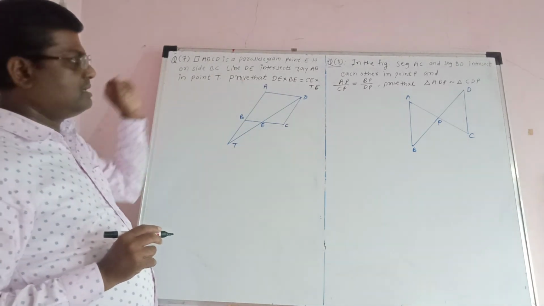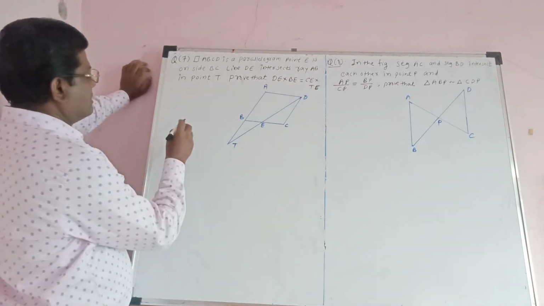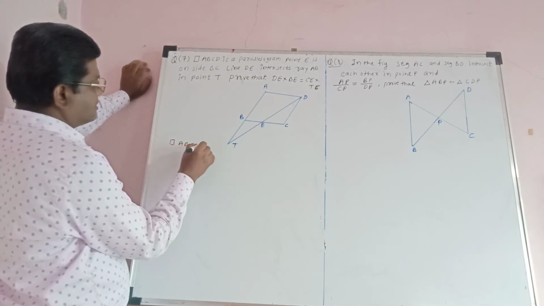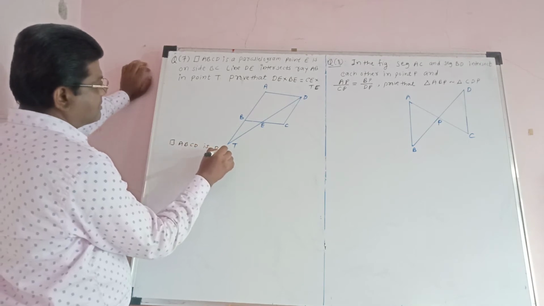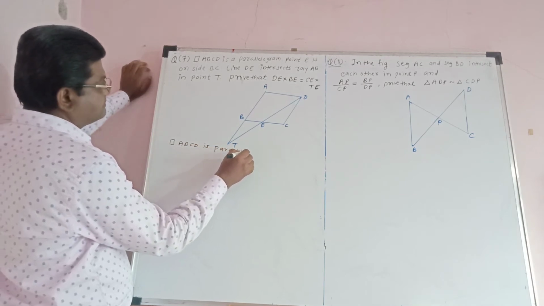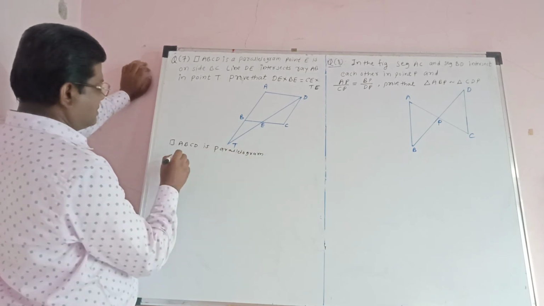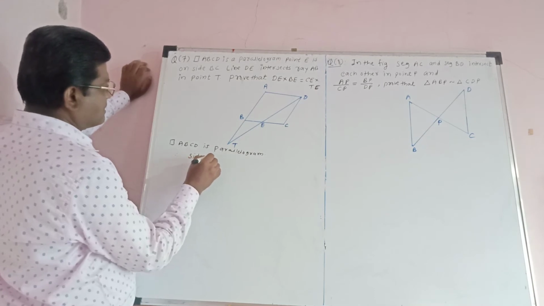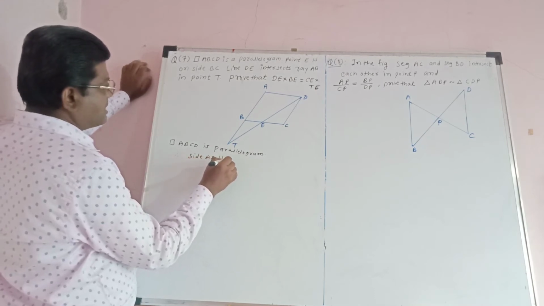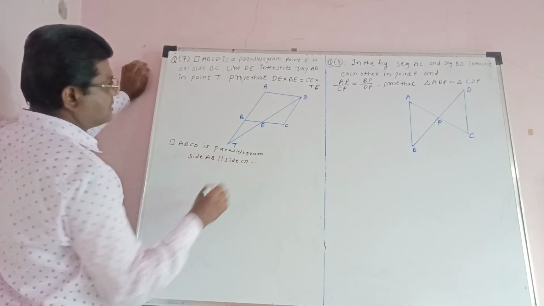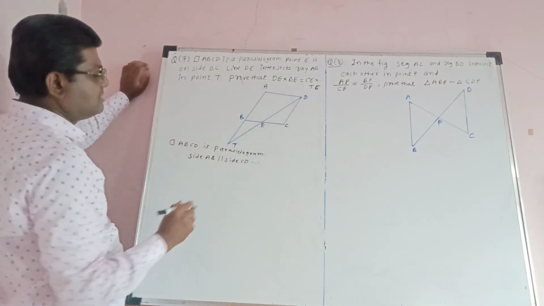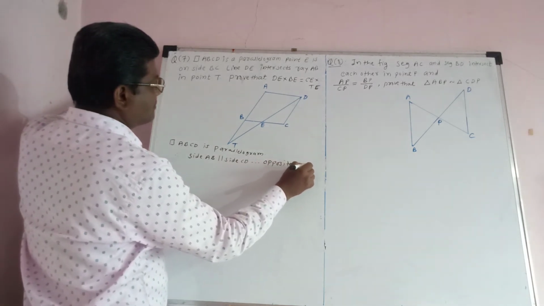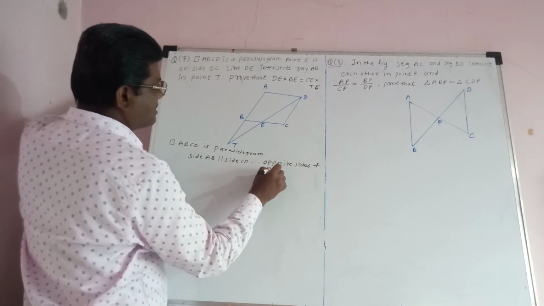Now this ABCD is a parallelogram. Therefore side AB is parallel to side CD, opposite sides of a parallelogram.